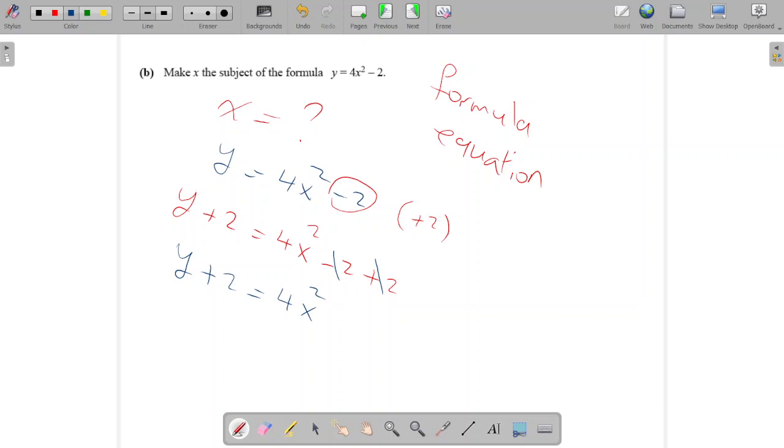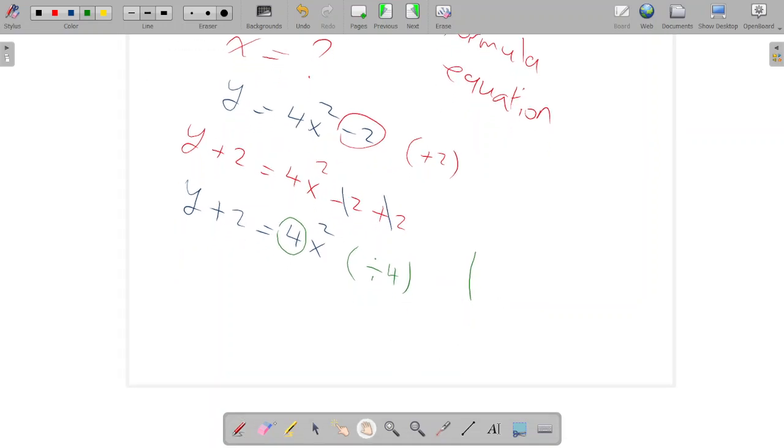Now what is left is to get rid of the 4 that you see here, so the x squared stays by itself. How do we do that? By dividing both sides by 4. So the expression is going to be y plus 2, all of it divided by 4, equal to 4x squared divided by 4.